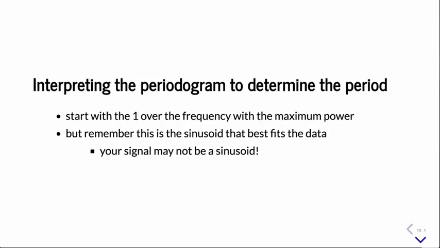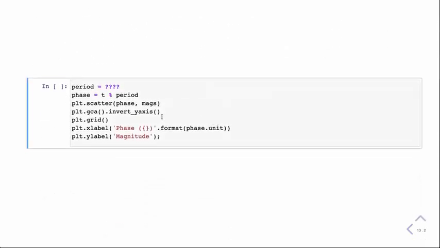And sinusoids have an up term and a down term, and then go back to where they started. Your signal may have more ups and downs than a sine wave does in each period. And so because of that, you have to have some knowledge of what your astrophysical signal should be to interpret the periodogram.